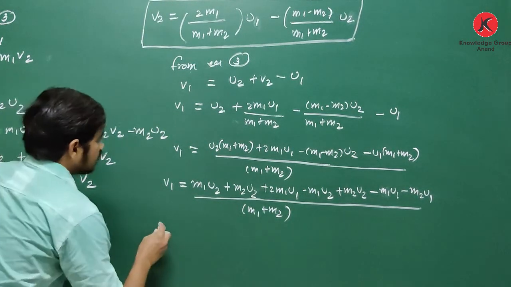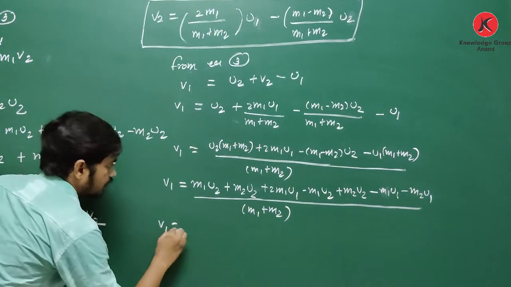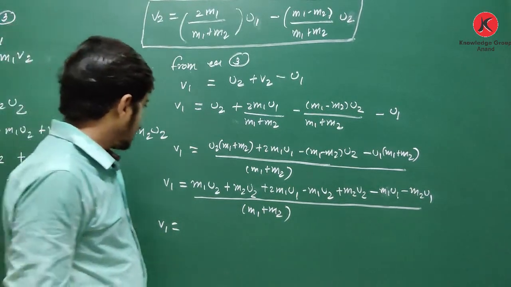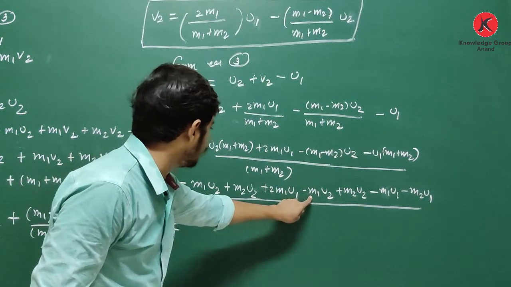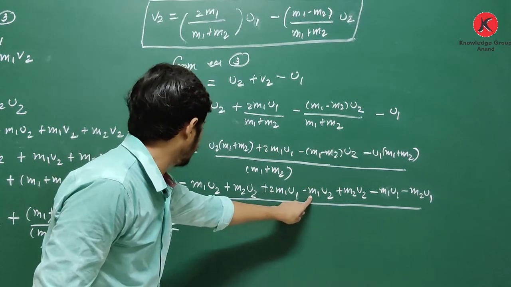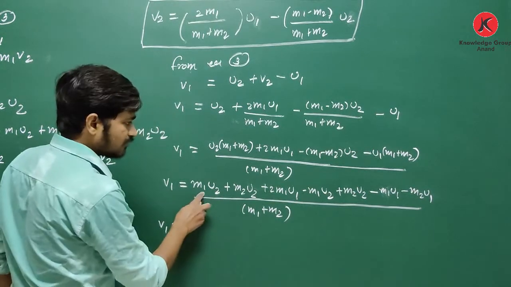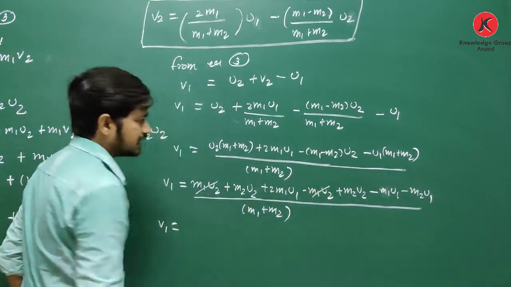So now V1 is equal to, which terms are negative? Minus M1 U2 and plus M1 U2, so this term cancels out.